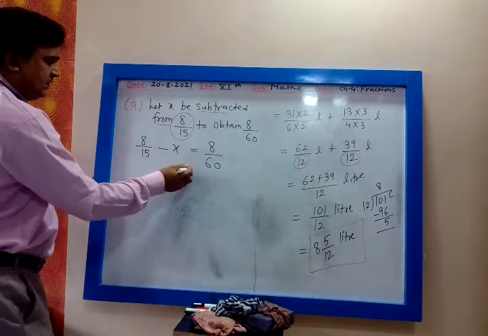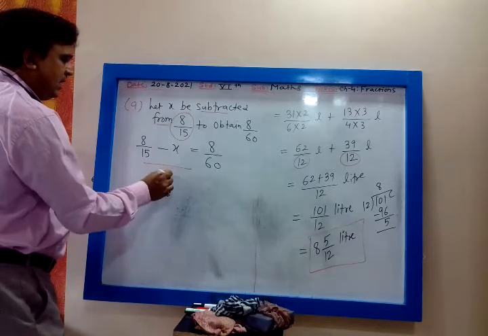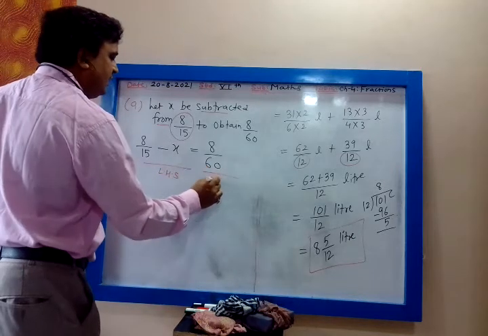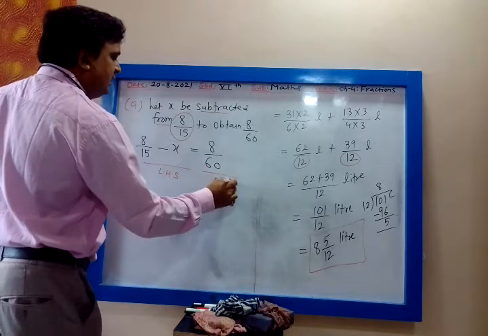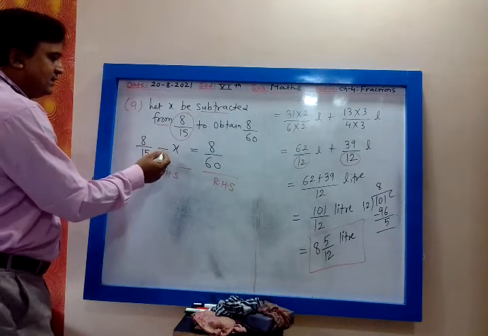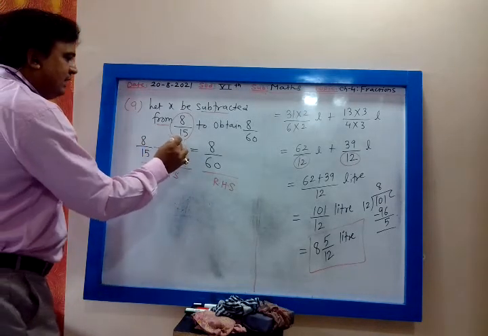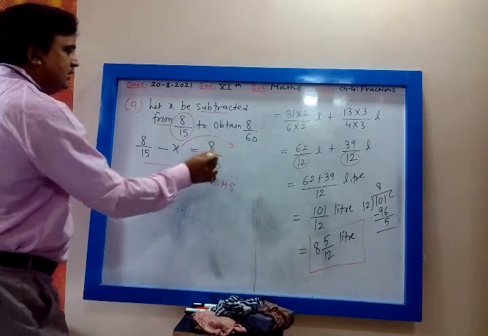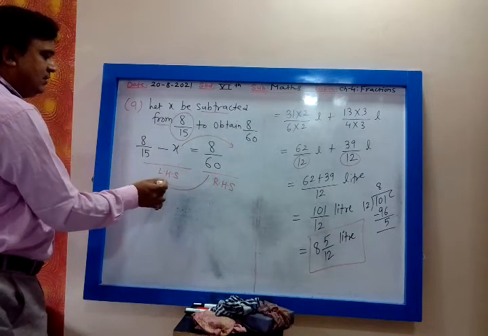Before the equal to sign is my left hand side, after the equal to sign is my right hand side. Whenever we change the side, the sign changes. Now in this question, it is minus x, so minus x I will take to the right side, and 8/60 I will take to the left side.